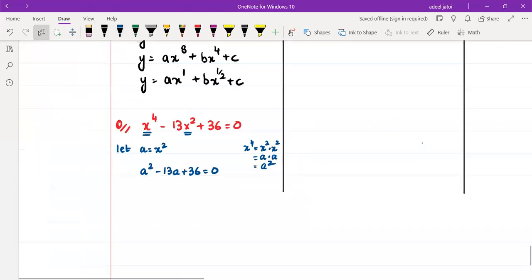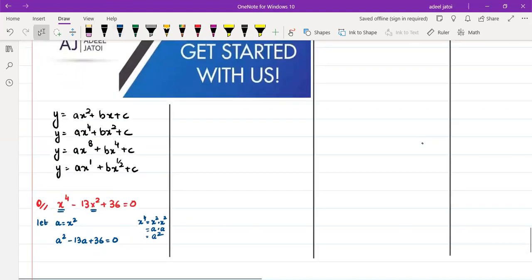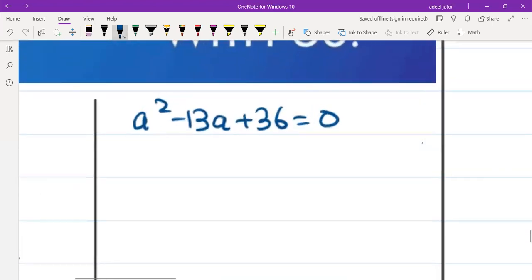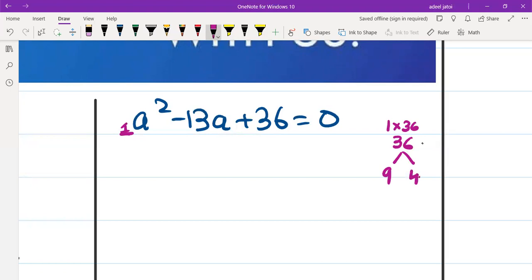Using the same equation, a squared minus 13a plus 36 is equal to 0, we can use middle term breaking. The coefficient of a squared is 1 and the constant is 36, so 1 into 36 is 36. Two factors we can have are 9 and 4: 9 fours are 36 and 9 plus 4 gives 13.